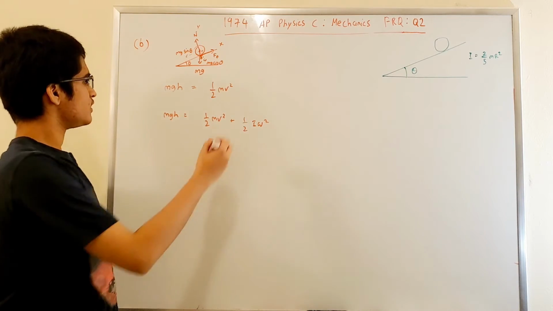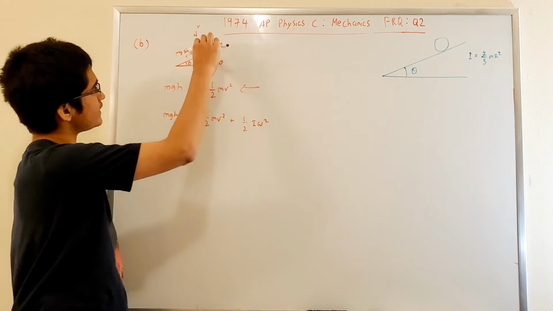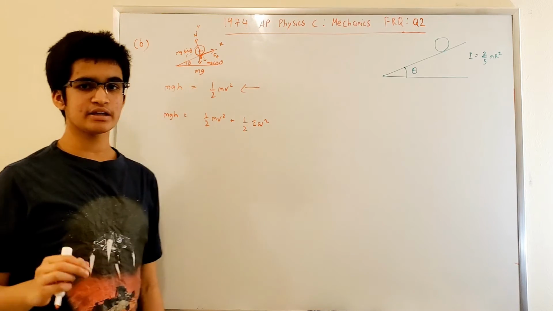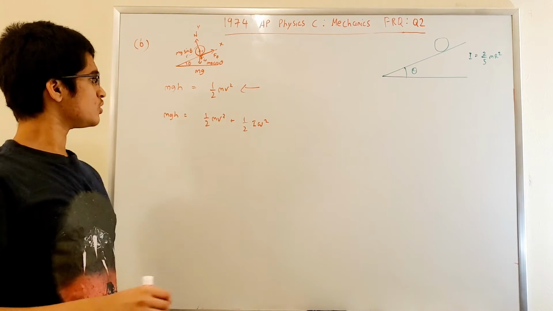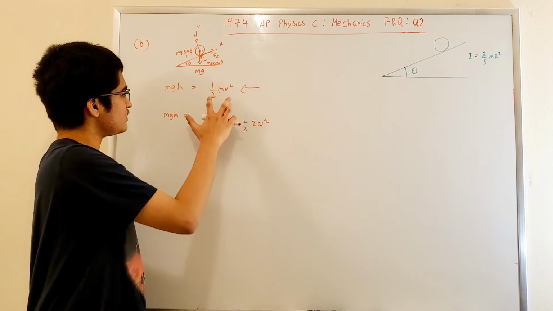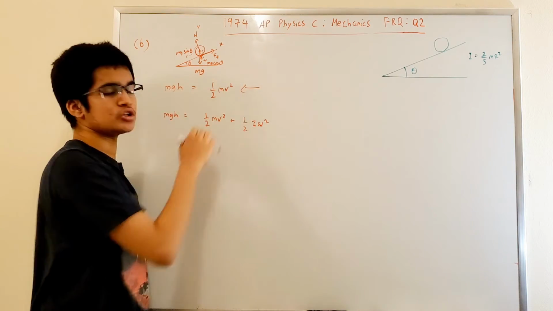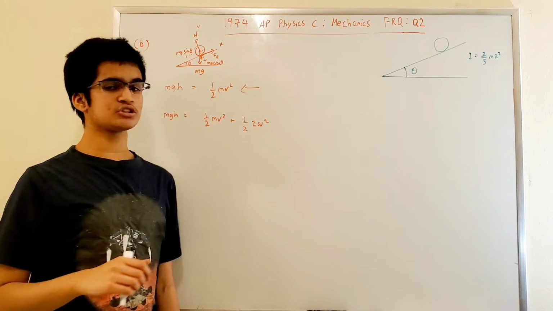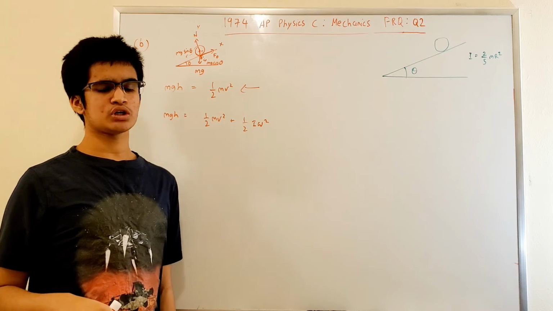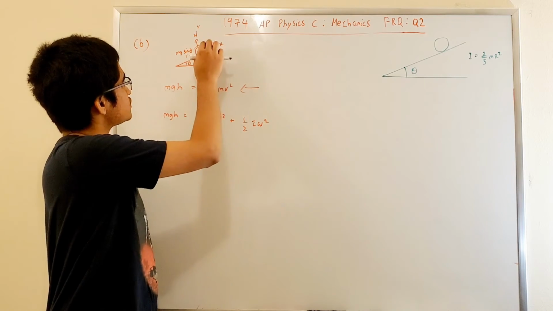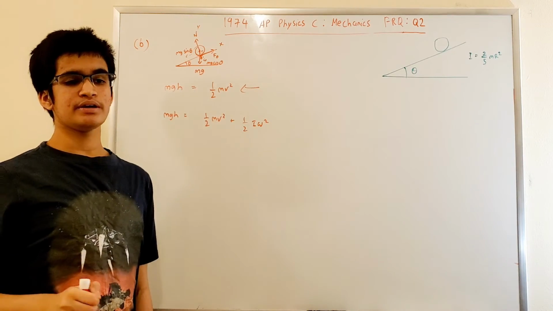As a result, when it is just sliding, it will always be faster because more energy is going to be transferred to our linear velocity. So the answer to this question is that the speed of the sphere when it reaches the bottom increases.